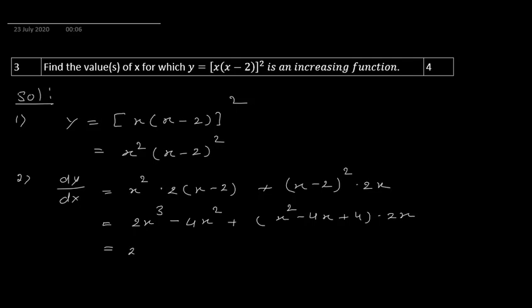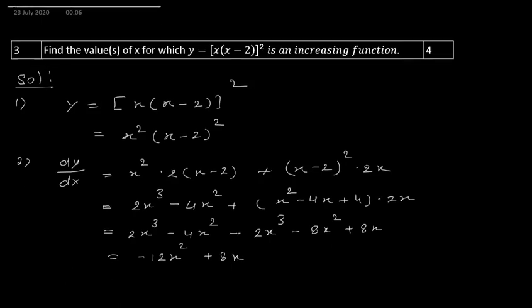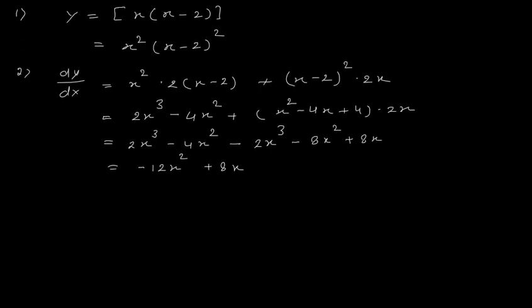So we get 2x cube minus 4x square minus 2x cube, this is minus 4 twos are 8x square and plus 4 twos are 8x. 2x cube minus 2x cube cancel, minus 4x square minus 8x square is minus 12x square, and we have plus 8x. So dy upon dx is minus 12x square plus 8x.